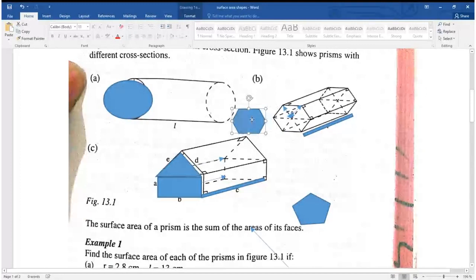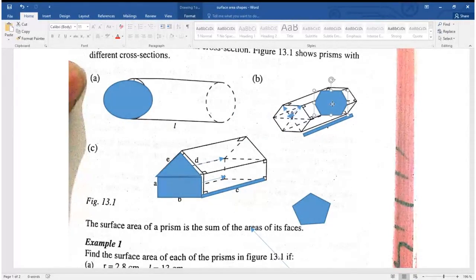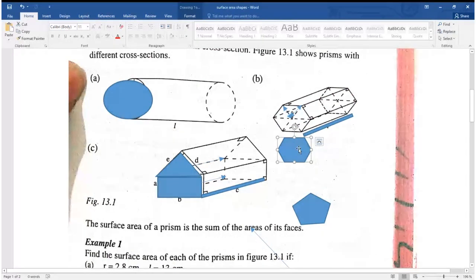If I put it on this other end, it fits perfectly. So it is going to be the same. When you're finding the surface area, just find the surface area of this, and then you multiply by 2. Now, how do you find the surface area of that?